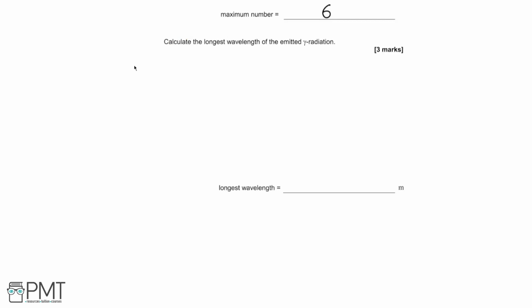The last part of the question says, calculate the longest wavelength of the emitted gamma radiation. So to do this question, we can use the equation that we derived in the previous part, namely that the energy of the gamma photon is given by hc over lambda, where h is Planck's constant, c is the speed of light, and lambda is the wavelength.